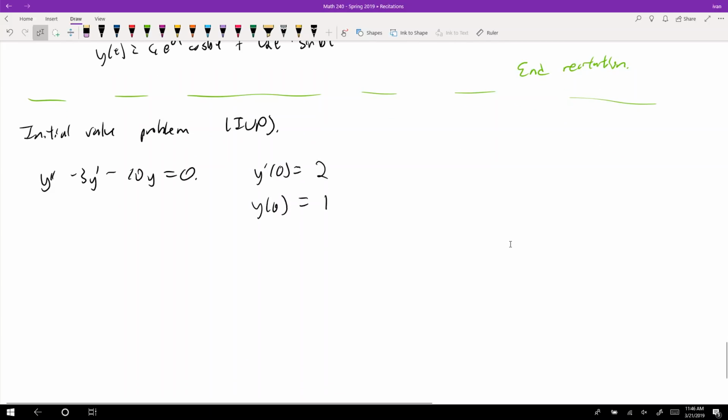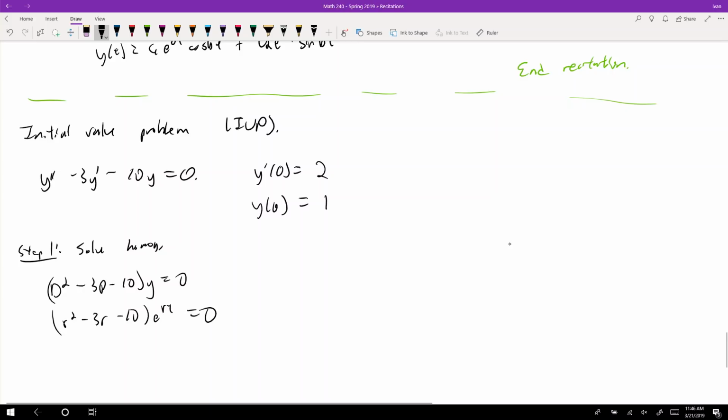Well, step 1 is to solve the homogeneous equation in general. So this is D squared minus 3D minus 10 applied to y is equal to 0. r squared minus 3r minus 10 times e to the rt is equal to 0. This is (r minus 5)(r plus 2) e to the rt is equal to 0.